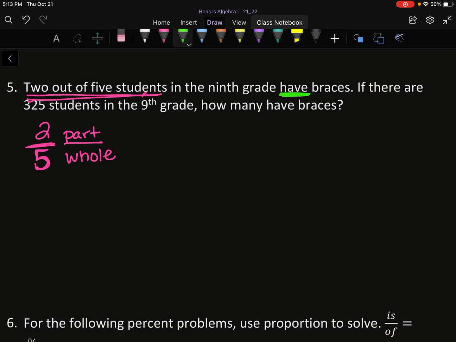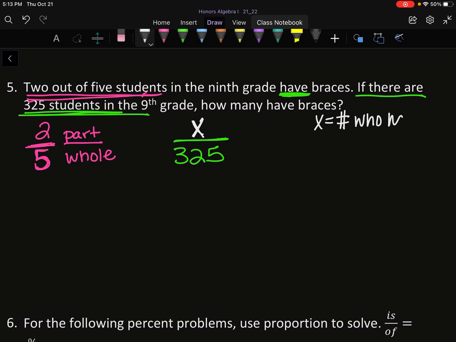Okay, so if they tell us that there are 325 students, that's the whole, right? I don't know how many have braces. So that's basically the number who have braces. And I have this over here.